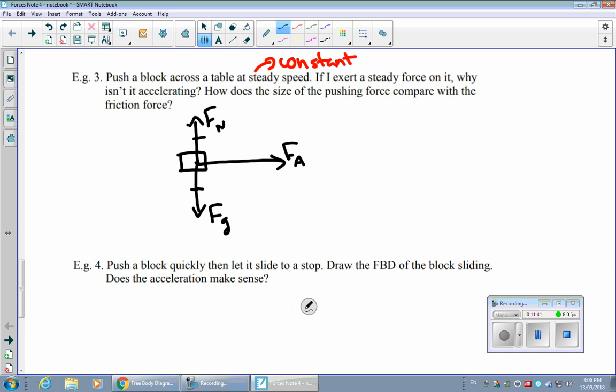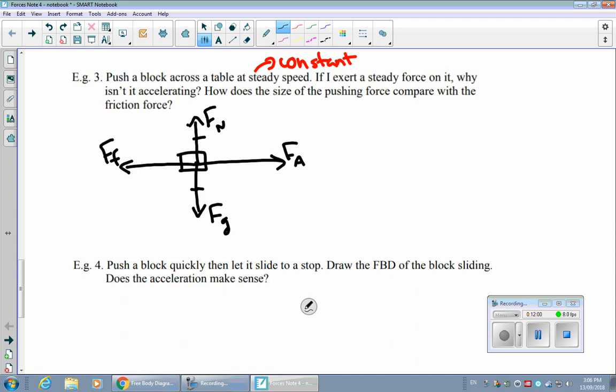But then I always know that anything that's sliding along a surface is also feeling some frictional force as well. And I did my best to draw that fairly similar in length. And that's important because when we try and figure out why this isn't accelerating, we need to think about balanced forces.